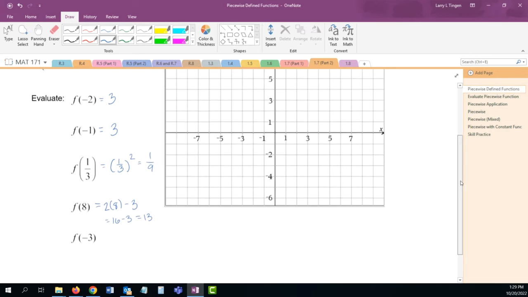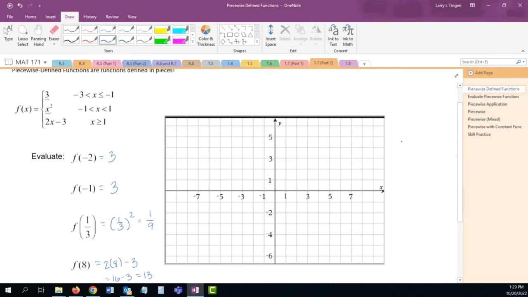And then I think the last one, yeah, f at -3. Where is -3? Which one of those am I paying attention to? The first one, the second one, or the third one? Which one of those limiters contains x is -3?